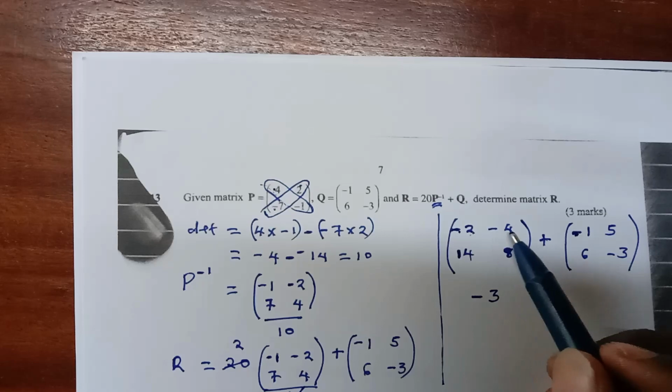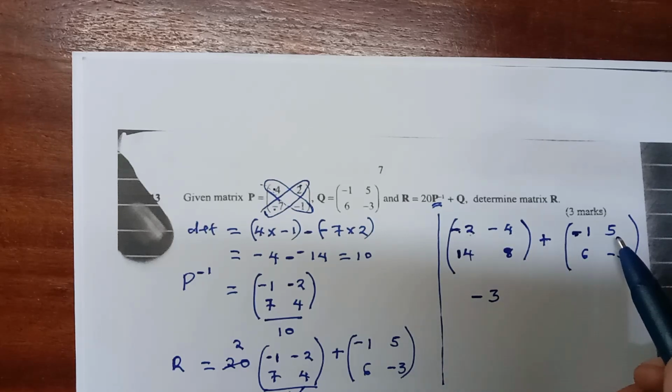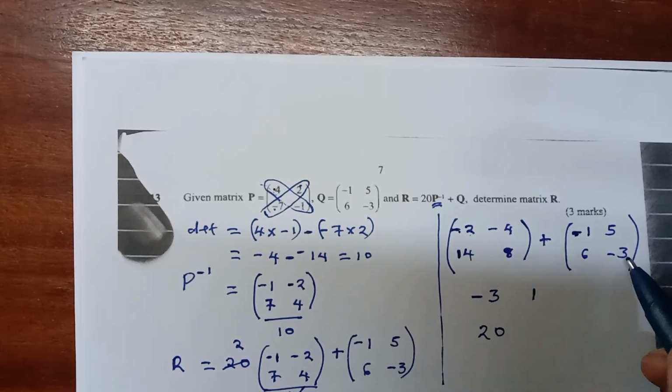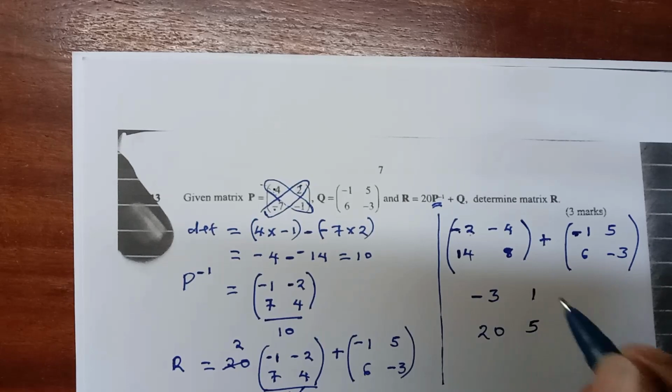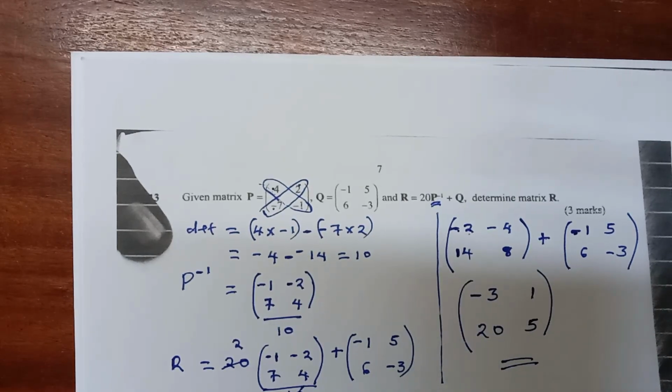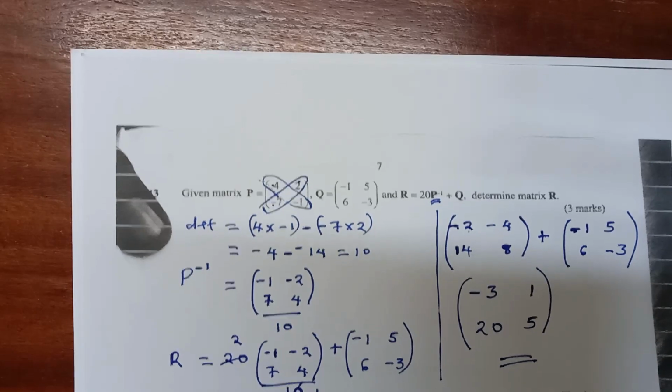Negative 4 plus 5 gives us 1. Then 14 plus 6 gives us 20. Then 8 plus negative 3, that is 8 minus 3, gives us 5. And this becomes our final answer for this particular question.